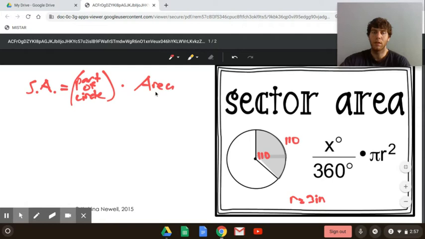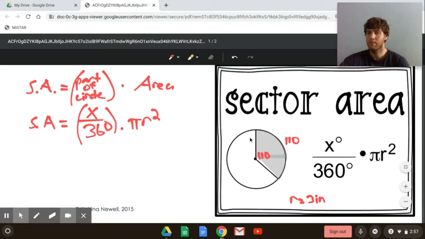We know the area of the circle is pi r squared, and to find the portion of the circle we're looking for, it's the central angle or the arc measure divided by 360. That's going to give us our sector area. The area of the whole thing would be pi r squared, but we don't want the area of the whole thing. We only want the area of part of it. So the part we want is 110 out of 360.